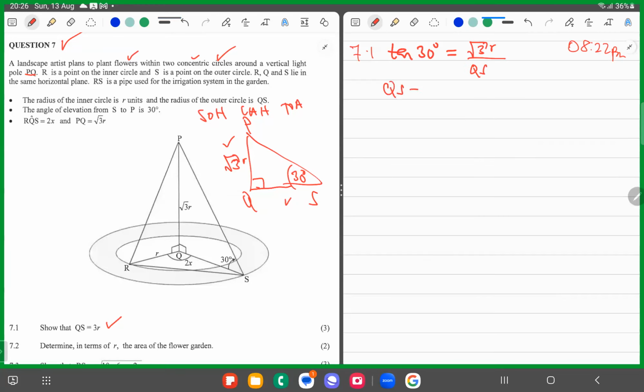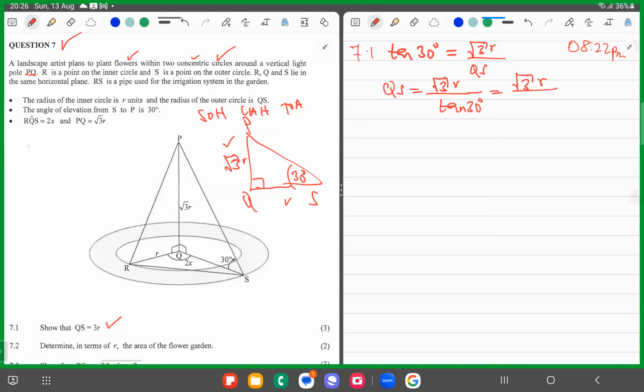Then QS, when you cross multiply, is the square root of 3 R divided by the tan of 30 degrees. What is the tangent of 30 degrees?